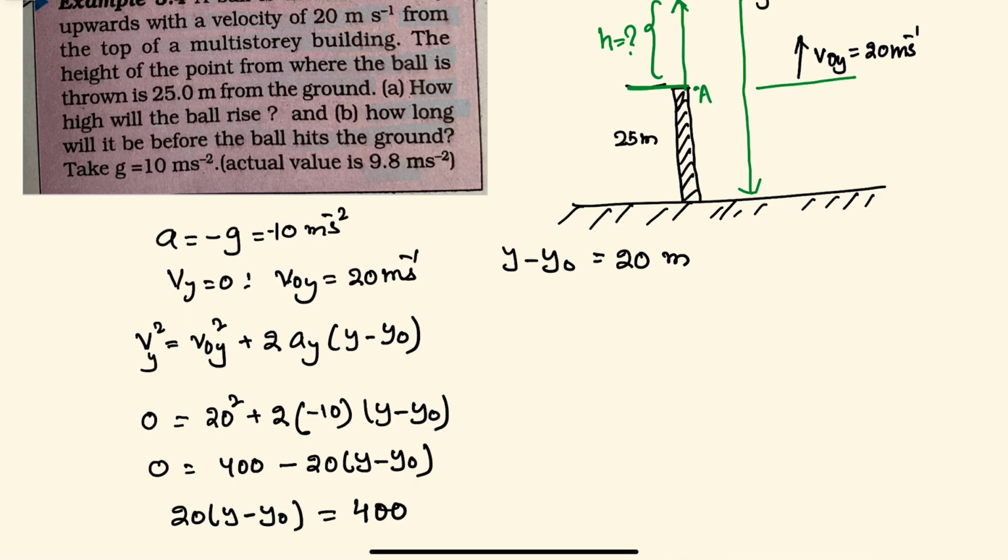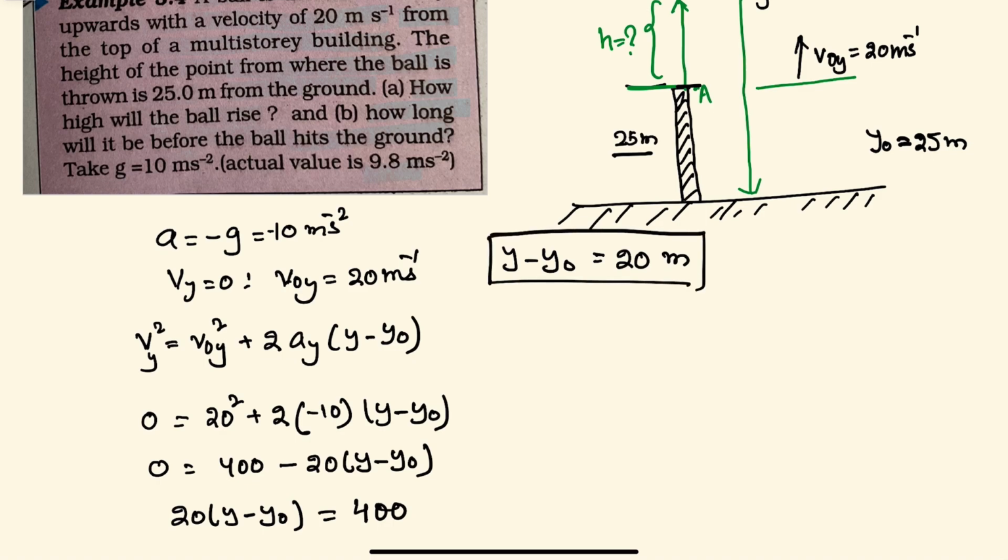What is y naught here? Before throwing it, at time t equal to 0, what is the distance covered here? Y naught is equal to 25 meters, right?